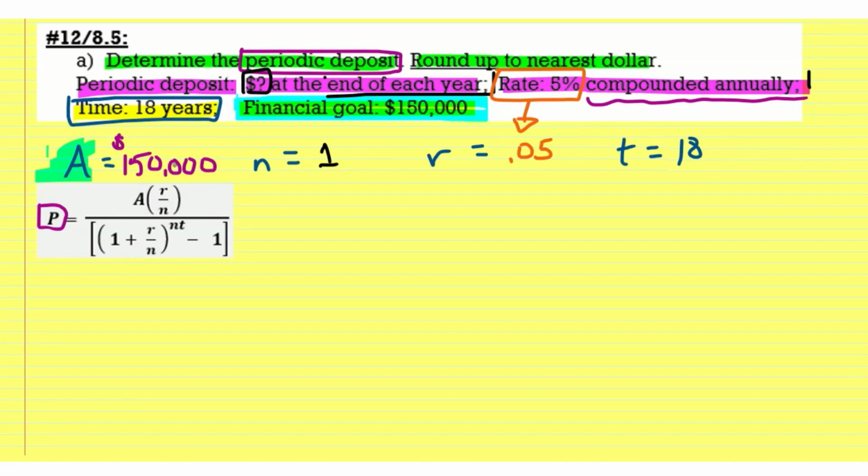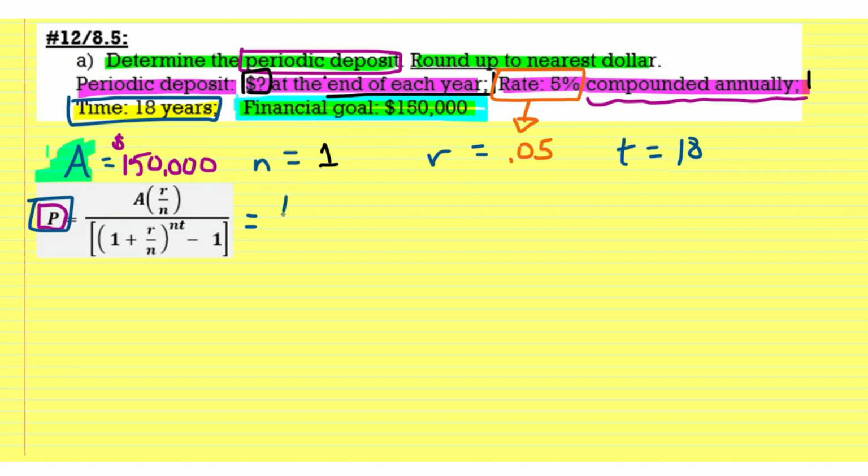So now that we have confirmed that we know all the information that needs to go into our formula, we're going to put those numbers into our formula. Okay, so the P, which is our payment that we're looking for, is going to be equal to the A, which is our accumulated value that we want in the future.